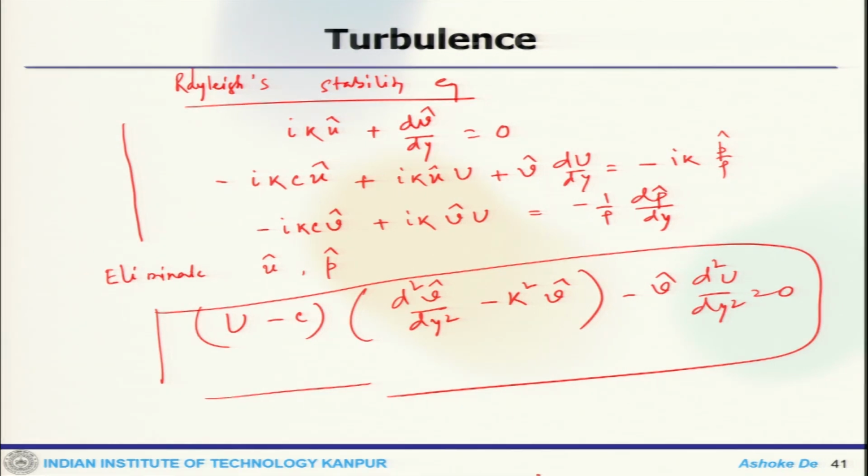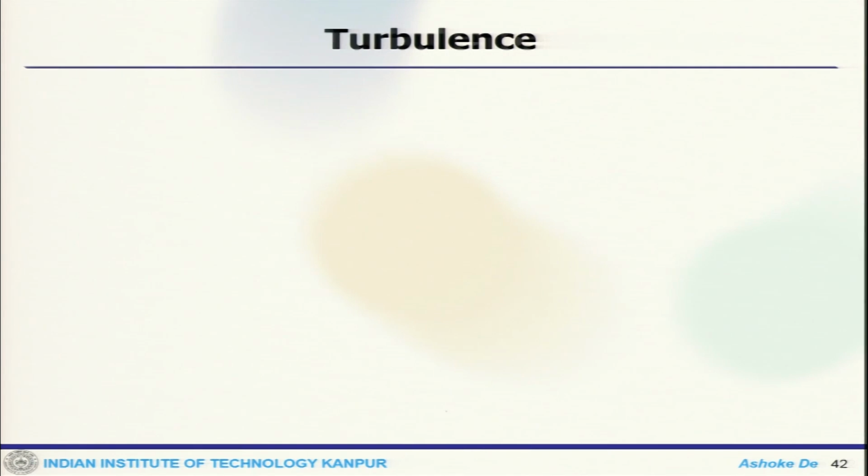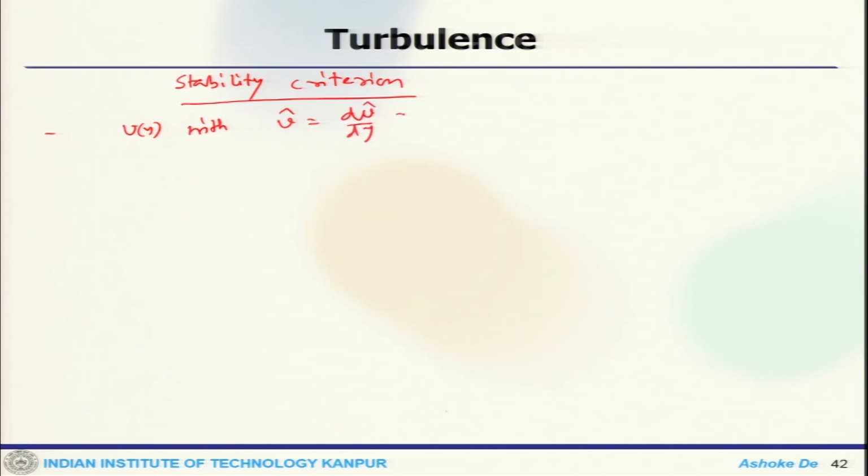So, now we can put the stability criterion. Let us consider the base flow U of y with v hat equals to dv hat by dy equals to 0 at y1 and y2.